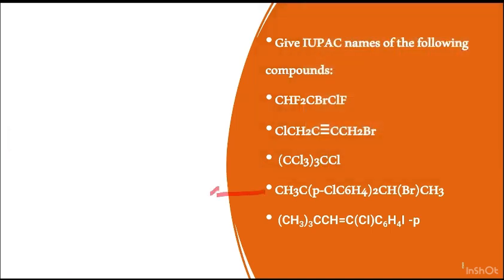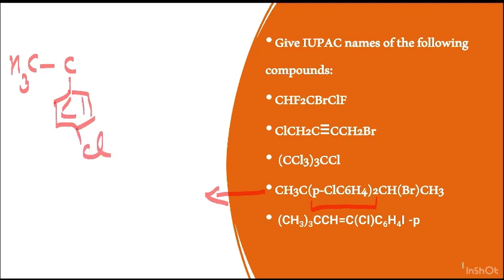Next, second last, CH3C, then you have these groups. The group is coming twice. So you have C6H4. Para position has Cl, para chloro is written. Same way you have here, para position has chloro.